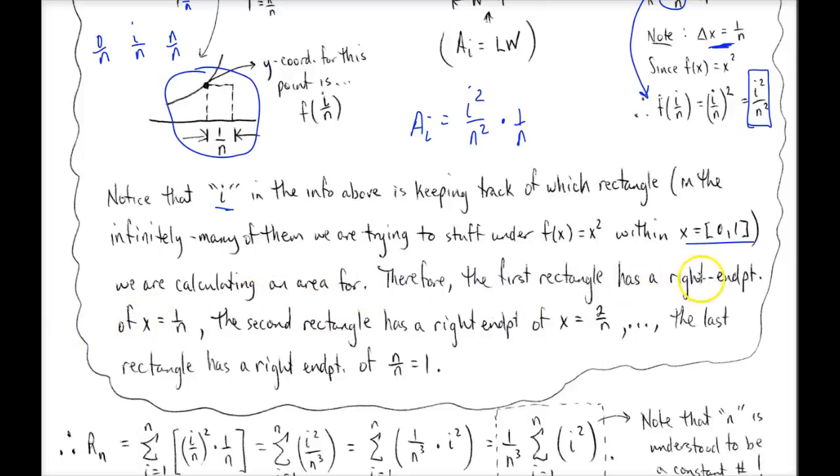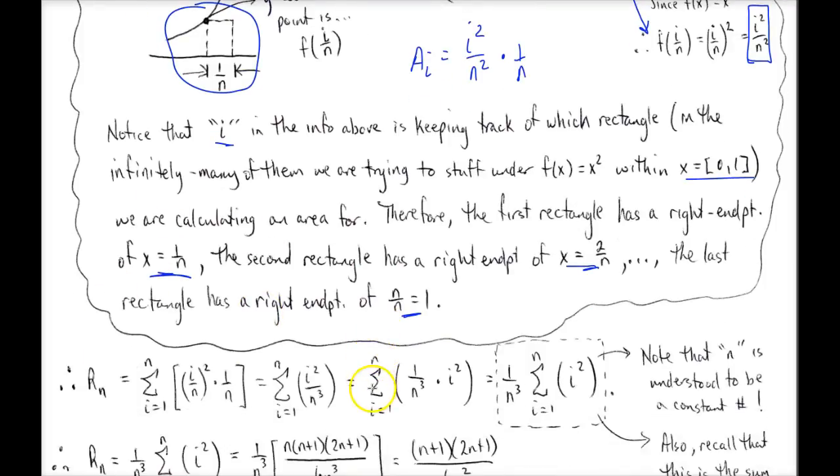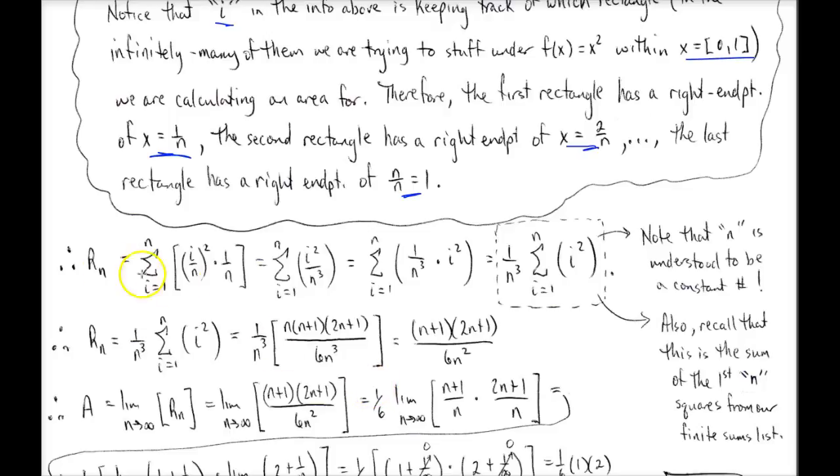Therefore, the first rectangle has a right endpoint of 1 over n, the second one has 2 over n, and the last one ends up being n over n. That's why, based upon the I, it depends upon which of those infinite number of rectangles we're talking about.